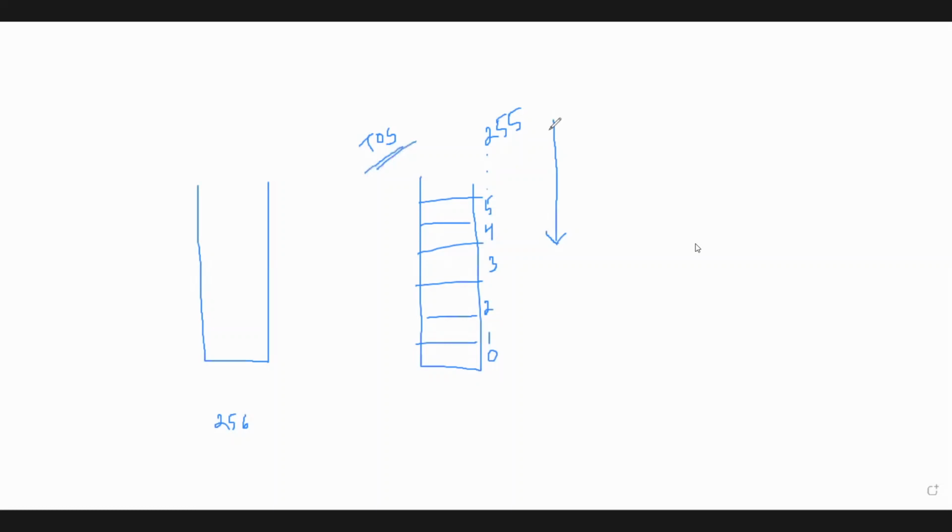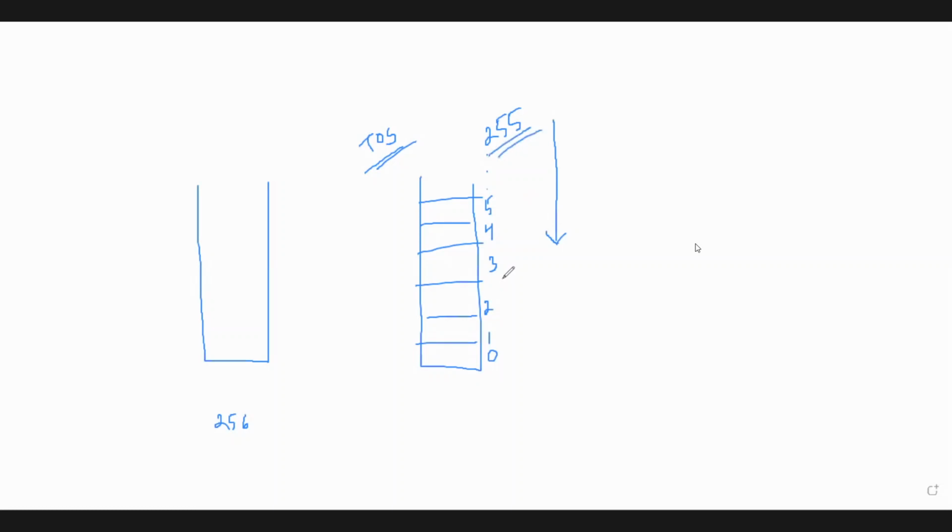That means we will store the first data element at the top of the stack, right? That means the first data element will be stored as the 256th byte of the data structure.